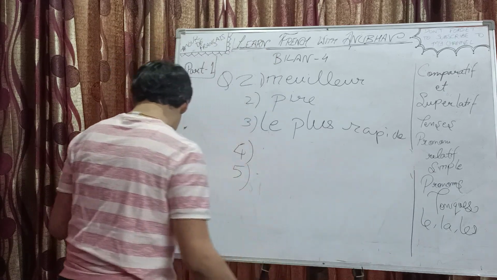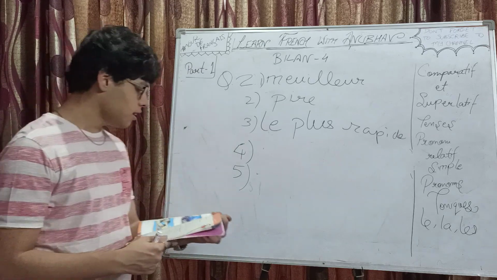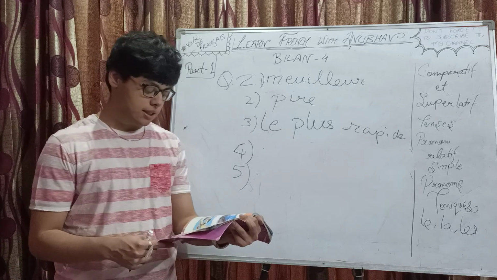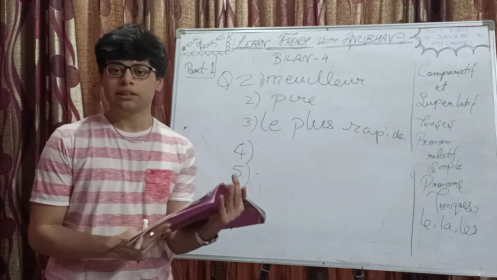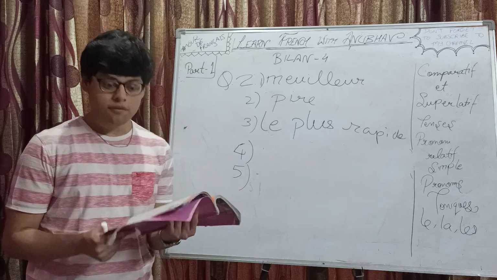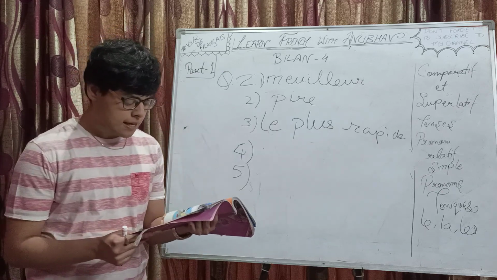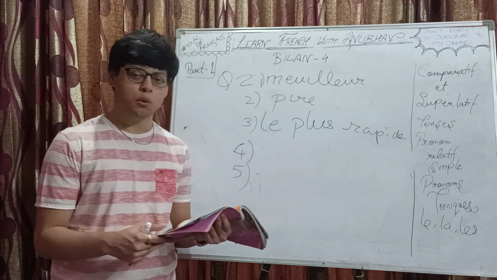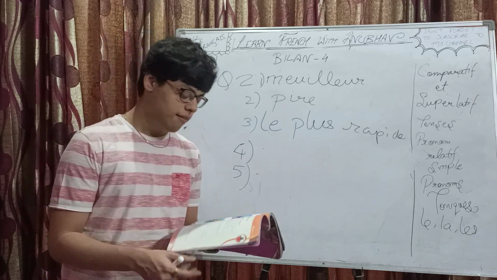Fine. Talking about number 4, nous avons rencontré cette étudiante qui a dash. So plus plus, intelligent. Fine. So most intelligent we need to say here. So we met the student who is the most intelligent. Fine.